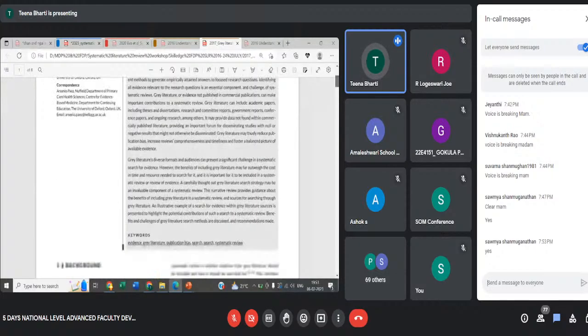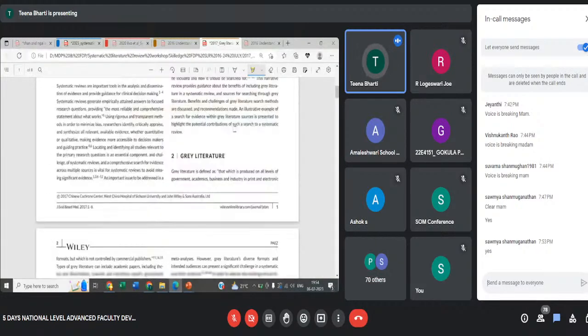This article itself says that gray literature, in diverse formats and audiences, can present a significant challenge in a systematic search for evidence, and the benefit of including gray literature may far outweigh the cost in time. So sometimes the gray literature might also create new avenues wherein your systematic review can contribute.